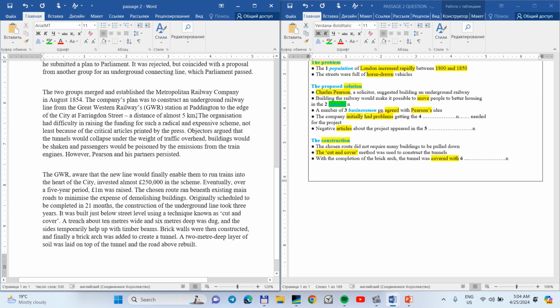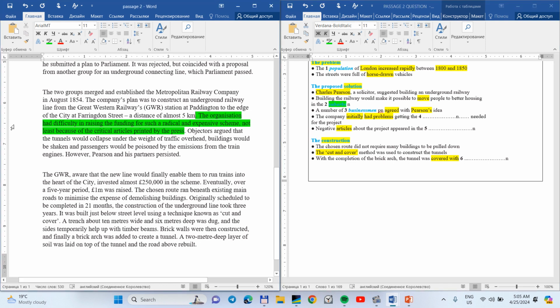The organization had difficulty in raising funding for such a radical and expensive scheme, not least because of the critical articles printed by the press. Yes, now we have something here. So the company means here organization.